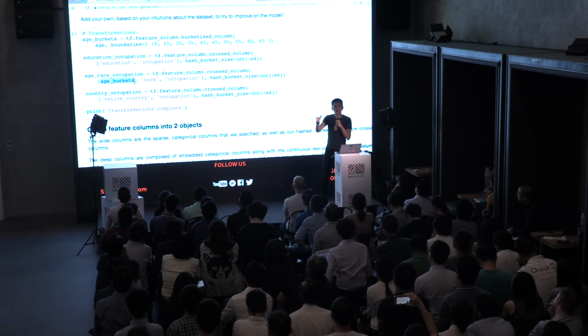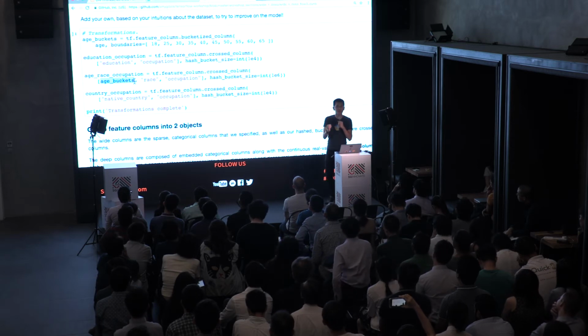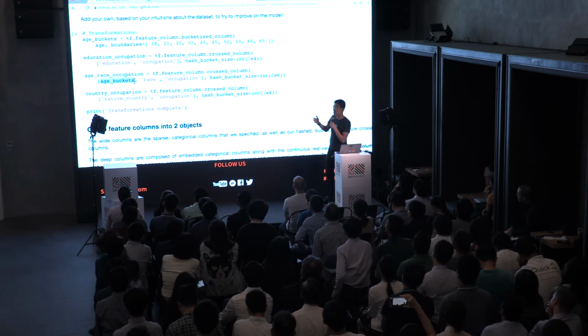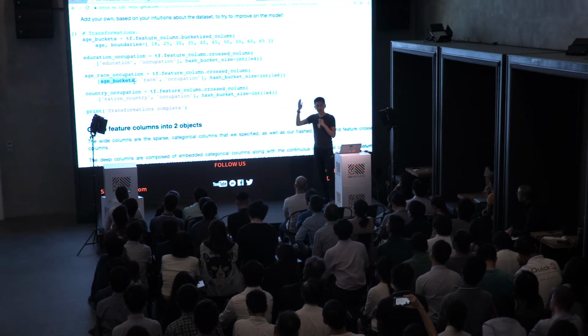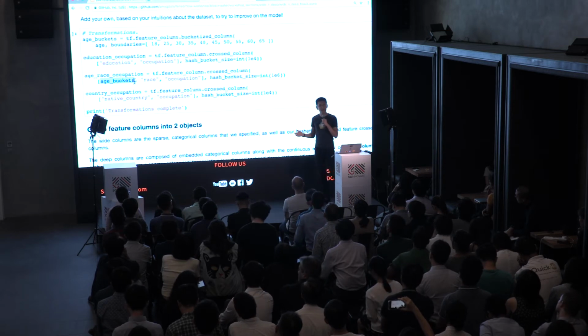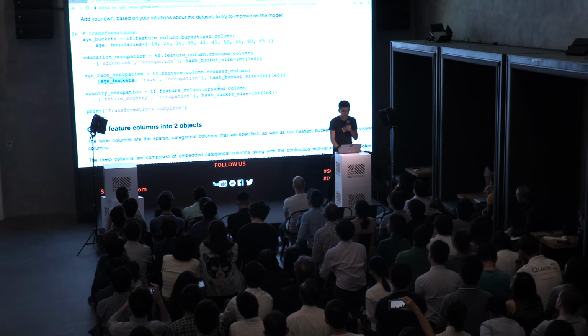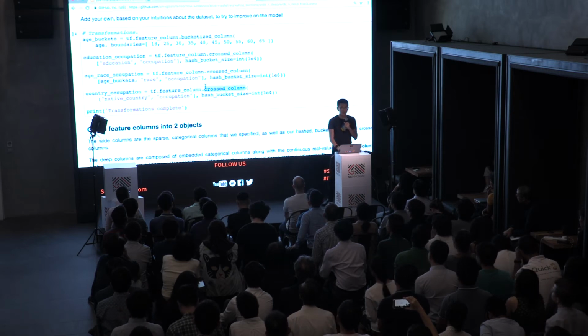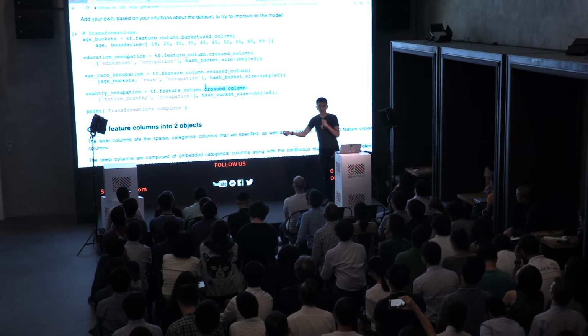This is where you, as the data analyst or the data scientist, can exercise your domain knowledge of the particularities of your data set. You know column A and column X are related in some way. You suspect that they have something to do with each other. So you can say, I want you to cross these columns together and yield an extra column that is these two columns crossed.